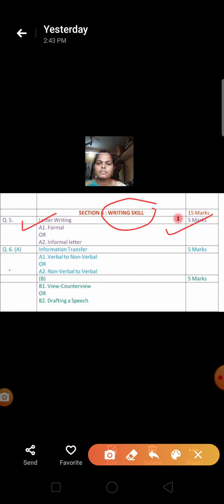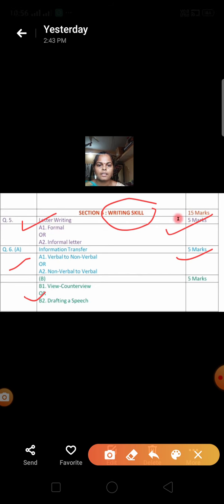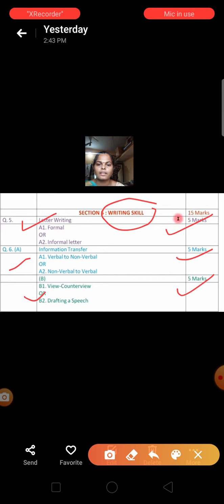And second 6A is information transfer, it is for 5 marks. Okay, in it verbal to non-verbal or non-verbal to verbal, you have to write any one from both. Okay, next B1 is view counter view, it is also for 5 marks. Okay, so you can write view counter view or drafting a speech. From these both you can write any one.